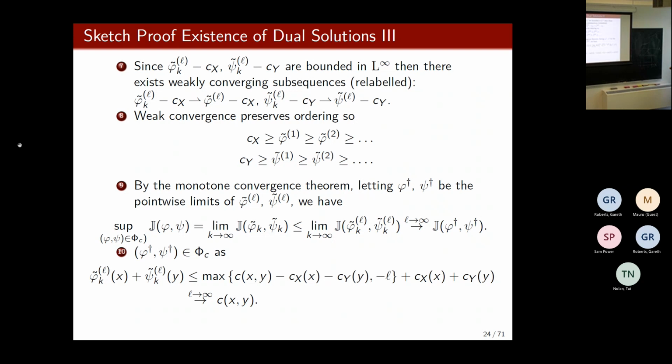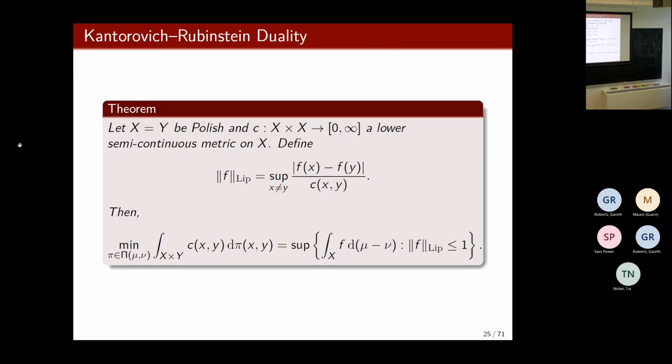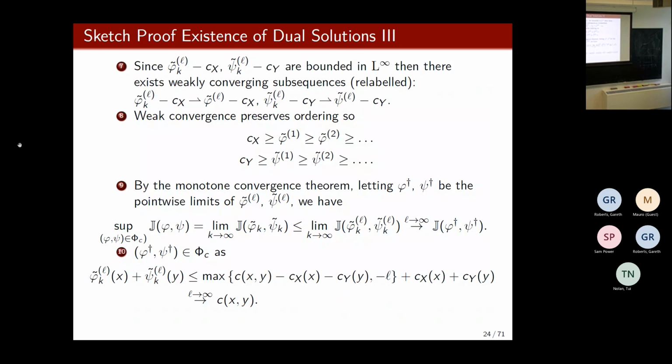So when I take L off to infinity, the C of x terms also disappear, and I end up just with the maximum. I end up just with the C of xy term here, so this is in my constraint set. And that's essentially done.